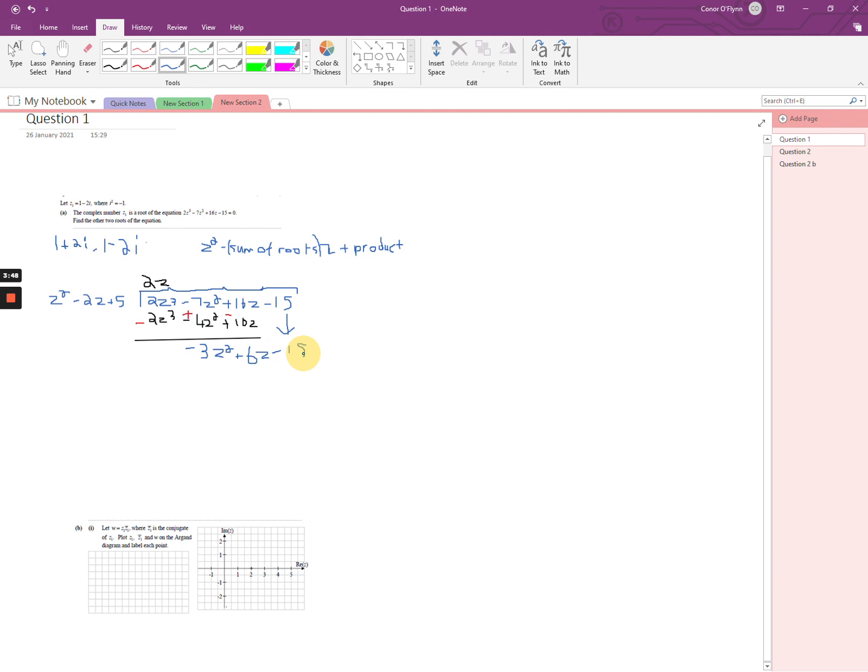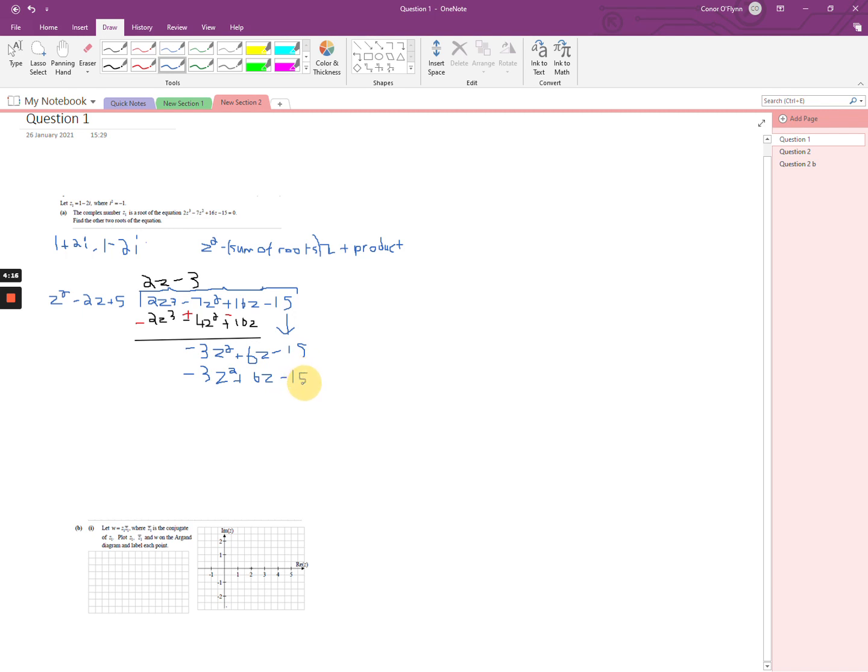Now minus 3z squared divided by z squared is minus 3. Multiply that back in: minus 3z squared plus 6z minus 15.